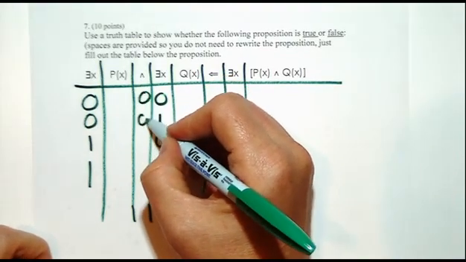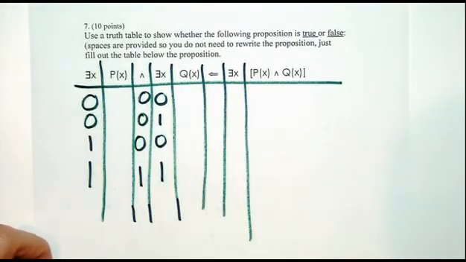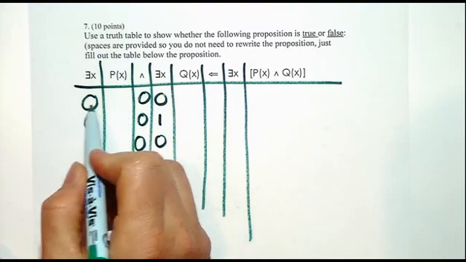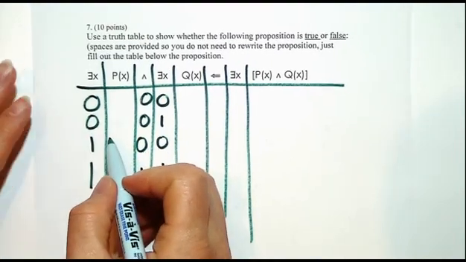And then I can go ahead and add those together. And then for P of x and Q of x, I want to put their frequency values. And you are allowed to make more columns if you want. I just don't have a lot of room on this paper, and this fat marker doesn't let me have more room. Okay, so if there exists x P of x is false, that's what we have in row 1.